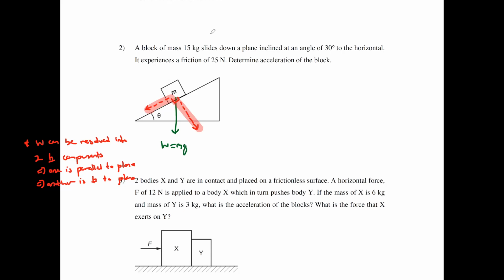So one of them you will notice is parallel to the plane. Another one you will notice is perpendicular to the plane. Okay, the plane that I'm talking about is this blue colored line here. Sorry, let me just revert this. It is this blue colored line here. Okay, one of it is parallel to the plane, one of it is perpendicular to the plane.